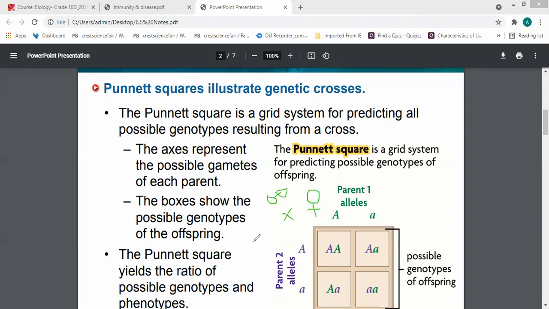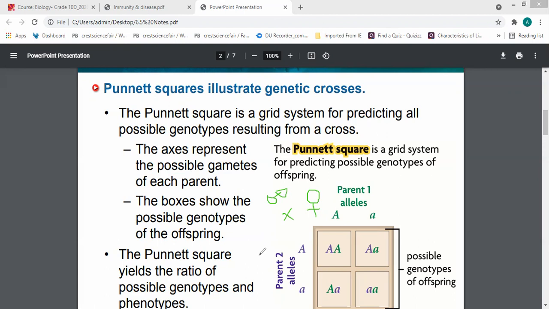Both parents are homozygous. Homozygous means similar alleles or similar letters, but one of them dominant and the other one recessive. So dominant will be written in capital letters like this.